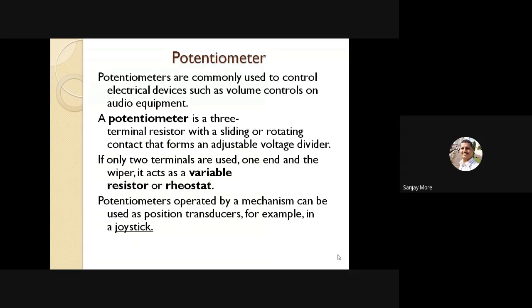So write down what is meant by potentiometer. It is commonly used to control electrical devices such as volume controls on audio equipment.